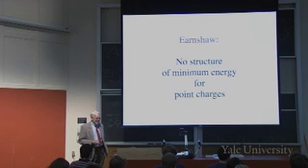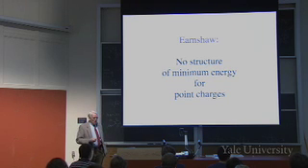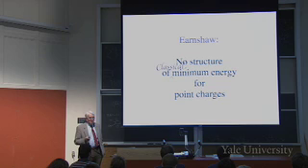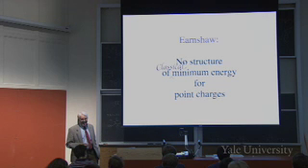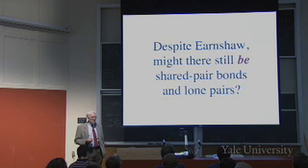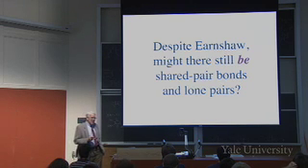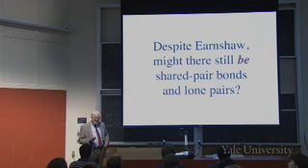Okay, so Earnshaw said there's no structure of minimum energy for point charges, that is, no classical one, but if you come to quantum mechanics and fiddle around with kinetic energy, then you can get it. But despite Earnshaw, might Lewis have been right?